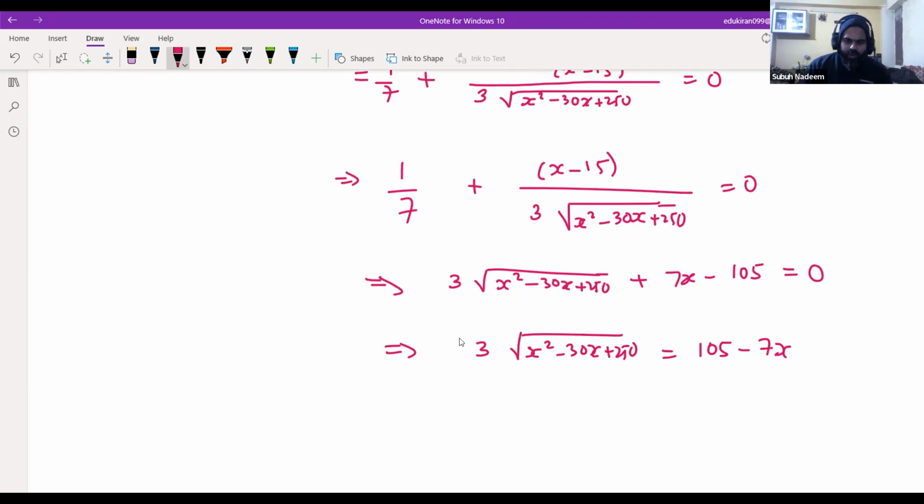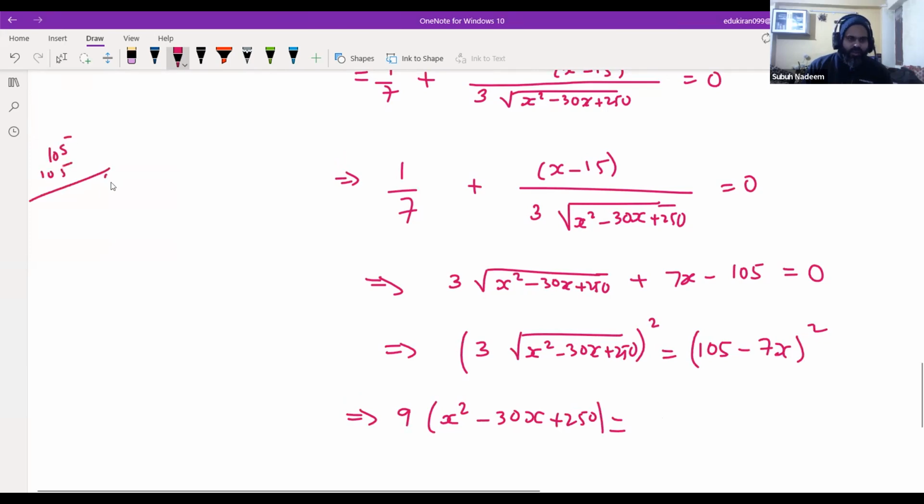Now you have to square both the sides, here also and here also. So it will become 9 into (x square minus 30x plus 250). Square root will vanish. And this will be 105 square. So what will be 105 square?